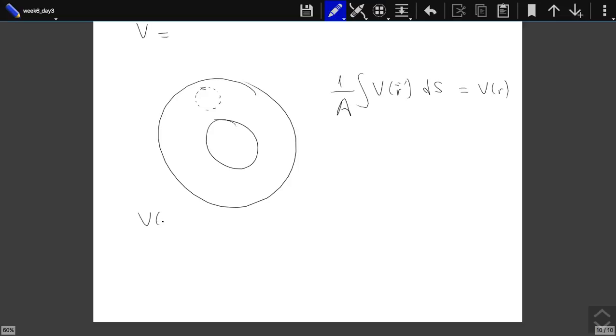So what is V of r prime? Let's see, what are the charge densities? It was plus lambda and minus? Not given a name. Okay, I don't care: sigma 1, sigma 2.